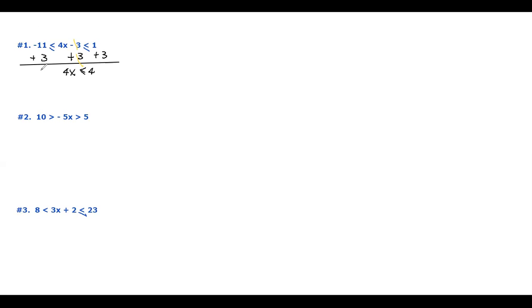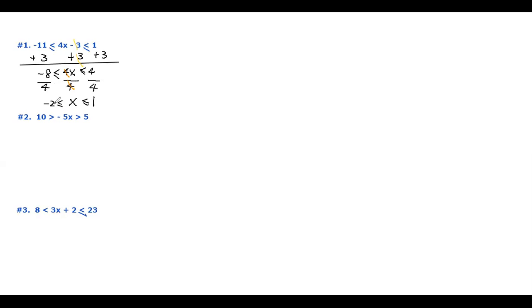Negative 11 plus 3 is negative 8, so my inequality sign still holds. Then I want to solve for x, so I divide by 4 on every part. The 4 and the 4 cancel, so you have x less than or equal to 4 divided by 4, which is 1. Negative 8 divided by 4 is negative 2.